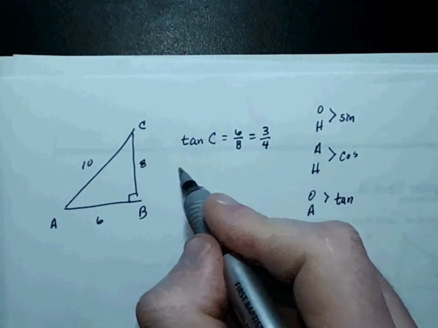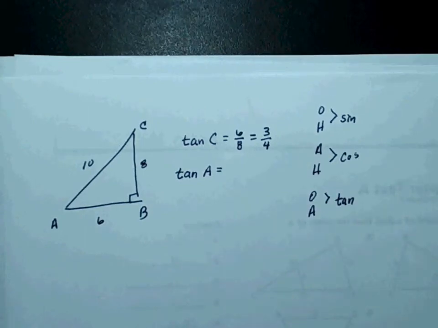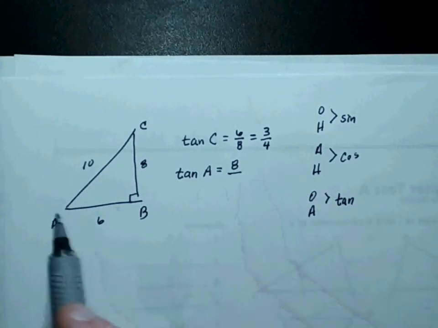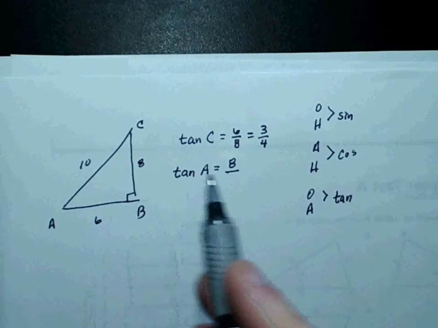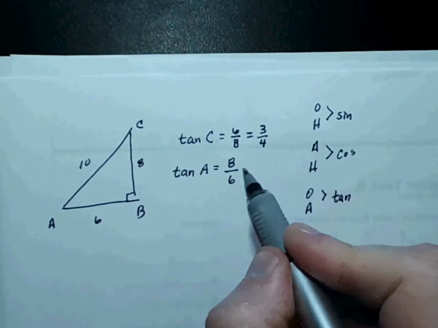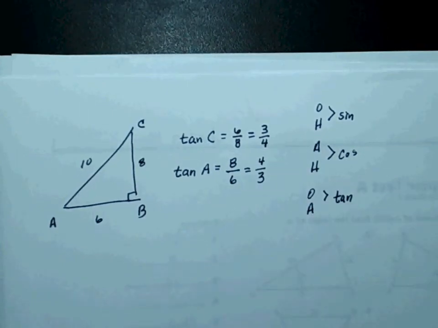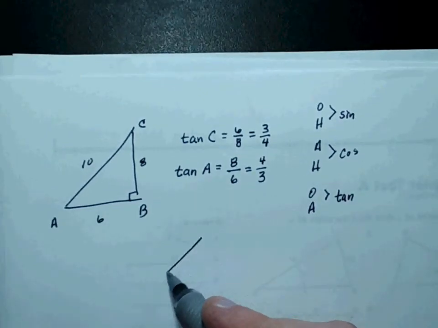If I wanted the tangent of angle A, looking at angle A, the opposite side is 8. The adjacent side would be 6. Opposite over adjacent. When we simplify, we would get 4 over 3. Alright, let's do an example. Tangent really quick.